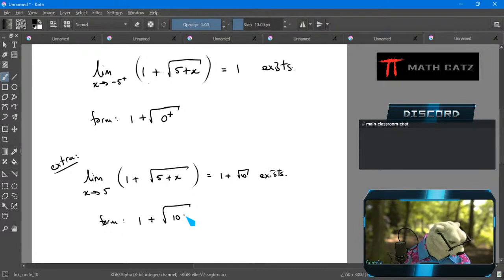I'm not sure what your question is here. 5 plus negative 5 from the right. It's not a one-sided limit, right? So I can't say plus or minus here. But that's my point: you expect something like this to have a plus or a minus, only one side. You expect inside the square root to be 0. So then many people just assume it's going to be 0.